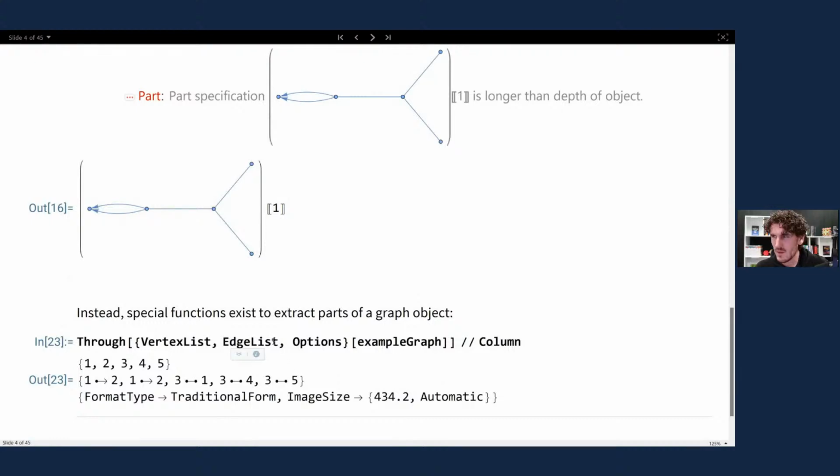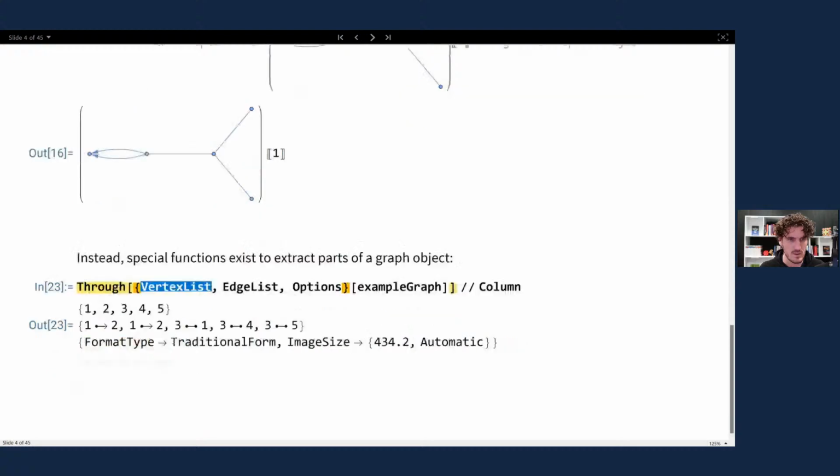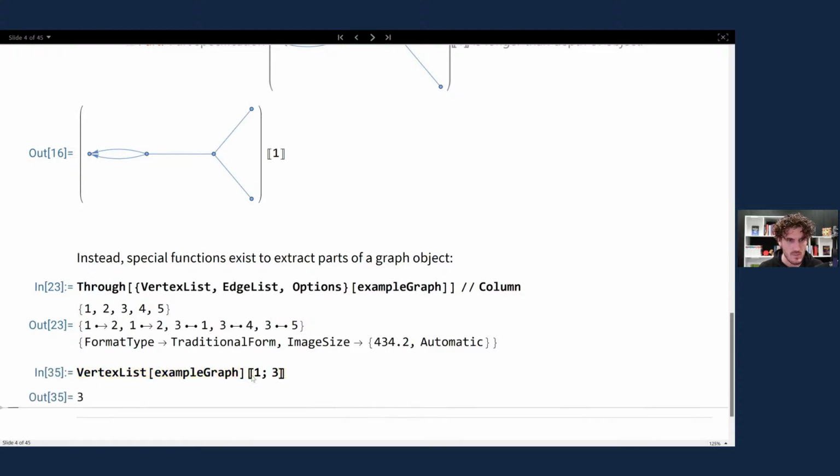I suppose that is hinting at using functions like VertexList and EdgeList, because if I was to take VertexList of my example graph, I can find parts 1, 2, and 3 of this, and in a sense, I think that's what you're hinting at.